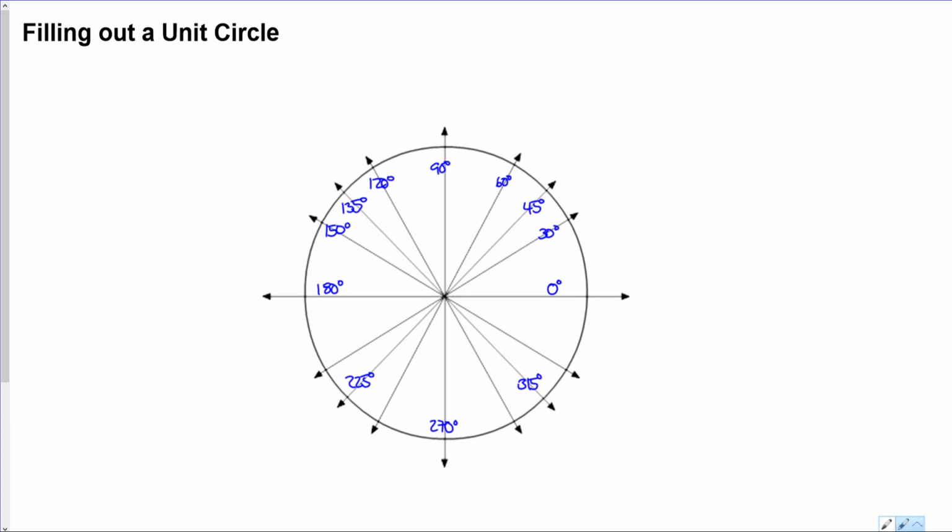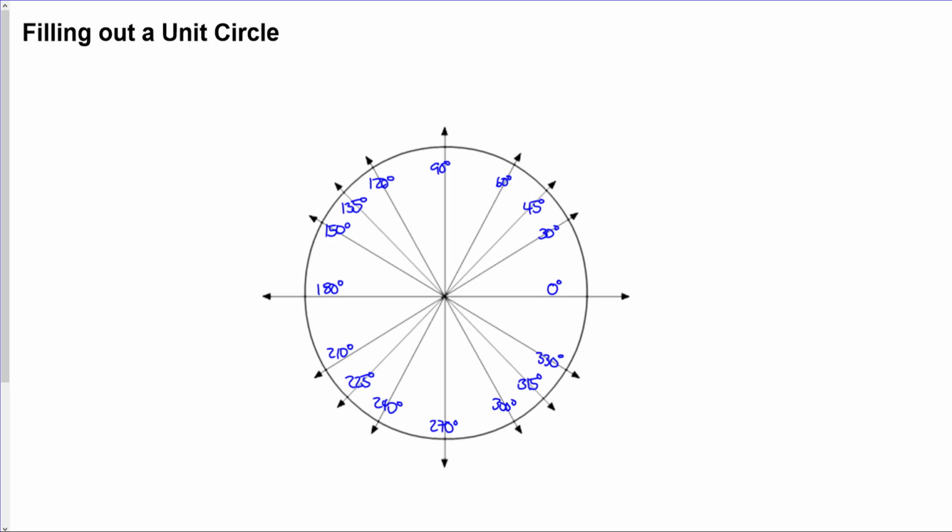Then 225, if you subtract 15, that would be 210. If you add 15, it would be 240. Then 315, if you add 15 degrees, that would be 330. If you subtract, it's 300. So that gives you all the important degree measures.